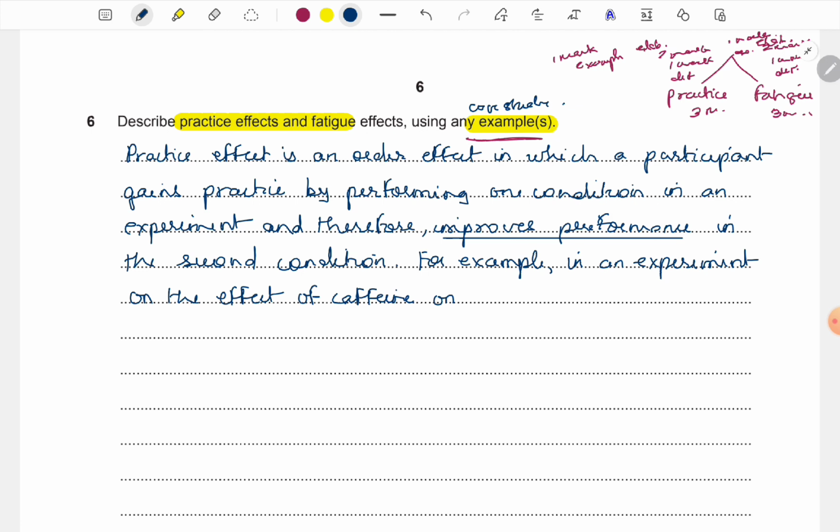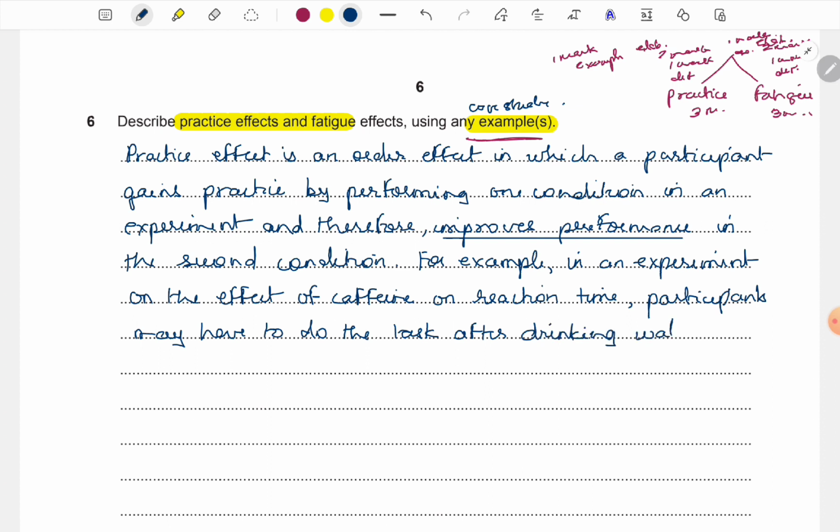So for example, in an experiment on the effect of caffeine on reaction time, participants may have to do the task after drinking water first, and then after drinking coffee.